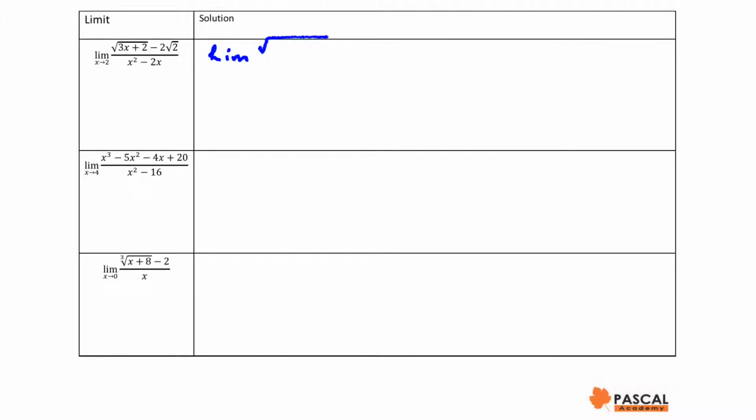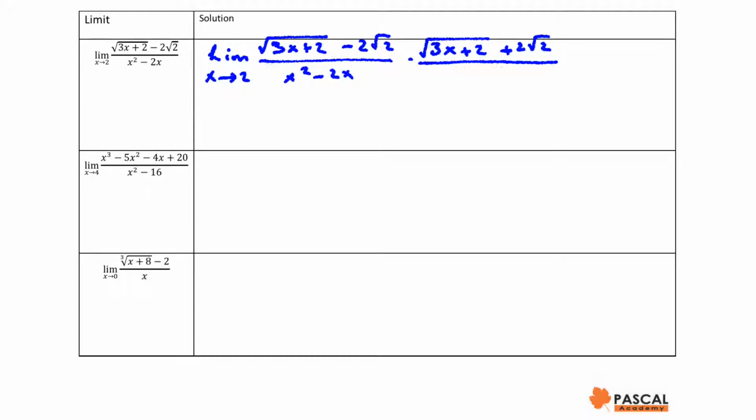We rationalize the numerator of the function by multiplying and dividing by its conjugate. The conjugate of the square root of 3x plus 2 minus 2 root 2 is the square root of 3x plus 2 plus 2 root 2.